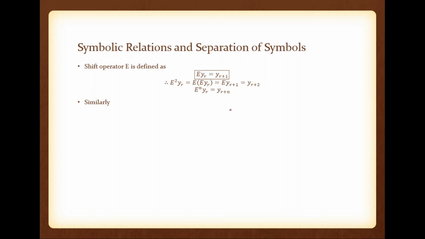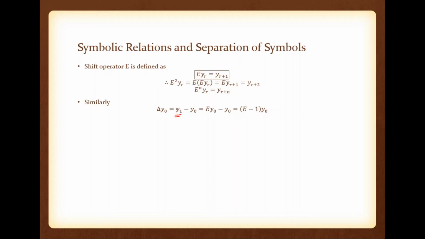Okay. So now we are going to relate each term. What is delta Y0? Delta means forward difference. The next point of Y0 is Y1 minus the current point Y0. So Y1 minus Y0, that is delta Y0. Now you can see that this Y1 is the next data of Y0, right?